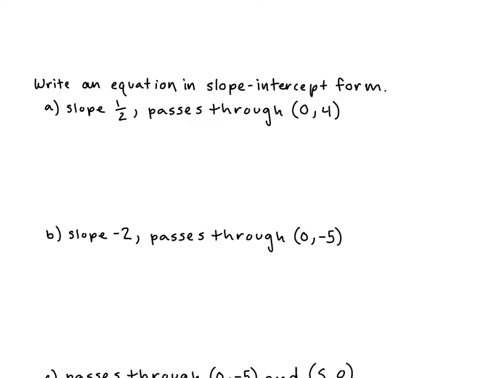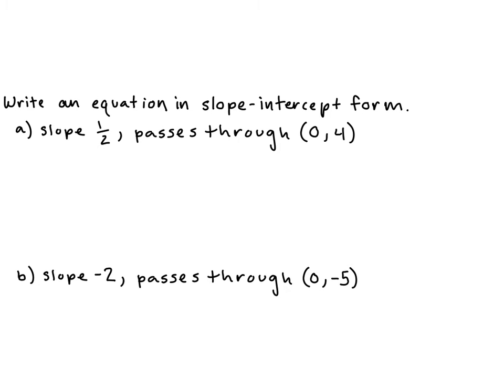So here we need to write an equation in slope-intercept form. What is our slope-intercept form? Y is equal to mx plus b, where m is our slope and b is our y-intercept. So here it gives us our slope and it gives us a point, but what's special about this point?